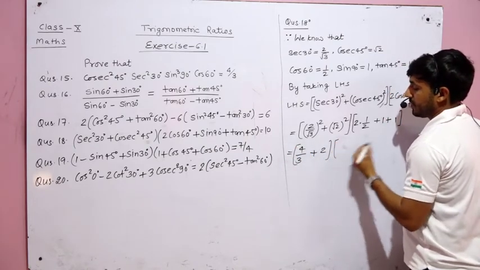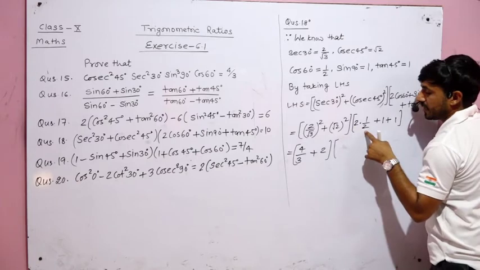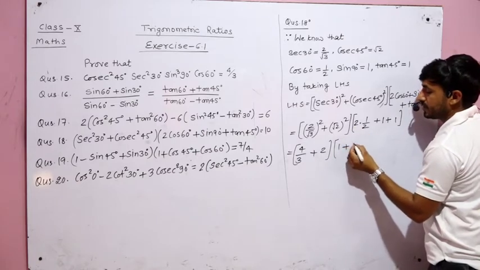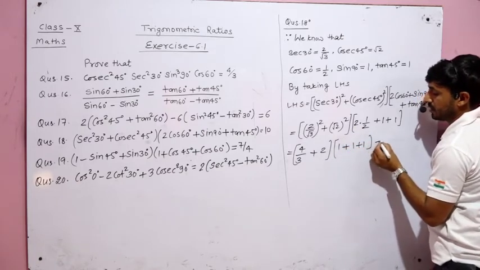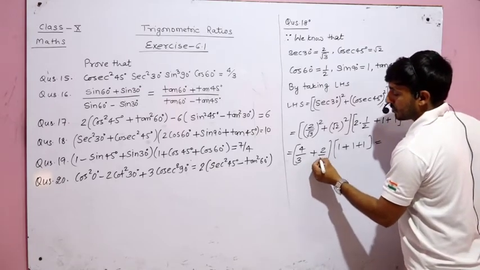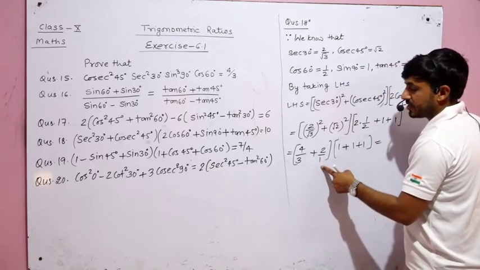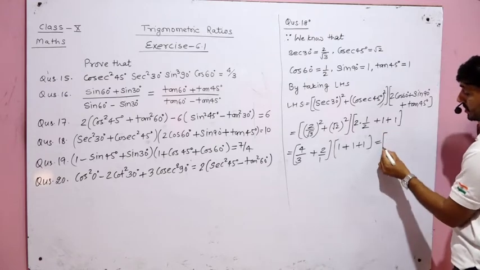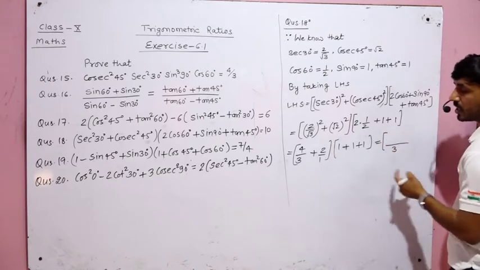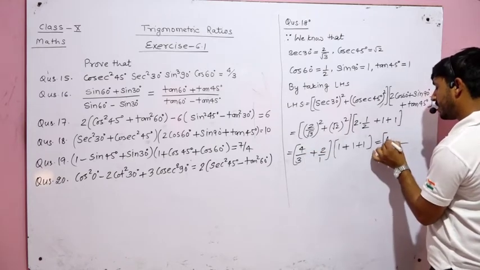In the next step you can see 2 is cancelled by this 2, that's why we have 1 plus 1 plus 1. Here we can take LCM as 3. In the first step we have LCM as 3, and here we have the remaining 4.